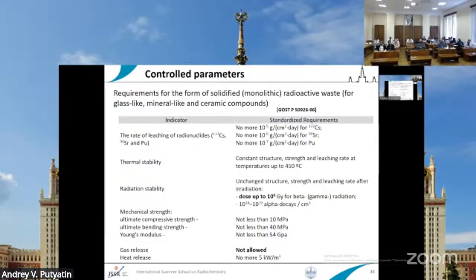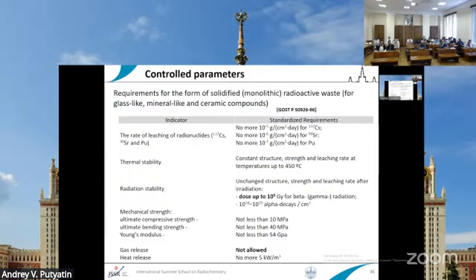Now, this standard, the experts think to reconsider these parameters, and probably it will be changed. So the leaching behavior of these matrices will be controlled not by the leaching of the radionuclides, but by the components of the matrix itself. So how durable is the matrix itself in the water.